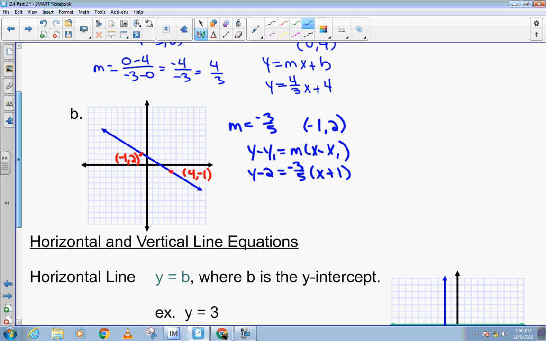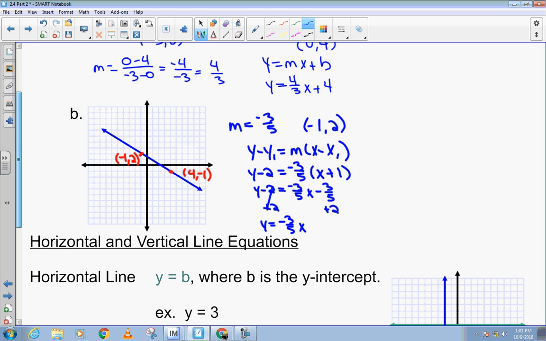So I distribute the -3/5. Excuse me, -3/5 x minus 3/5. Okay, I'm almost there. I have to add 2 to both sides. Okay, these cancel, so I get y equals -3/5 x.